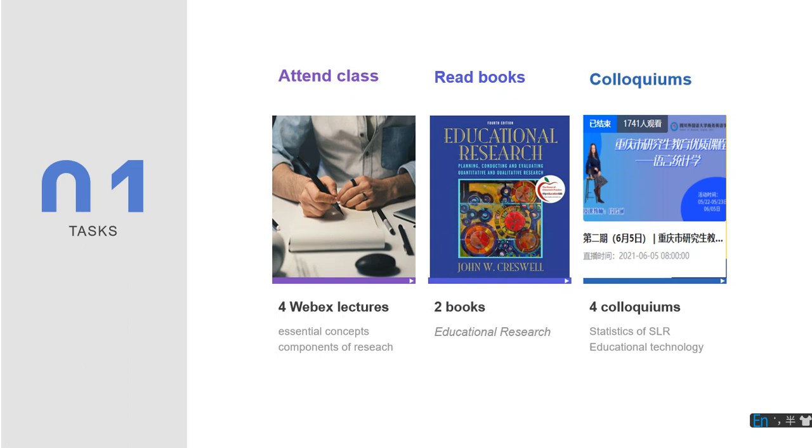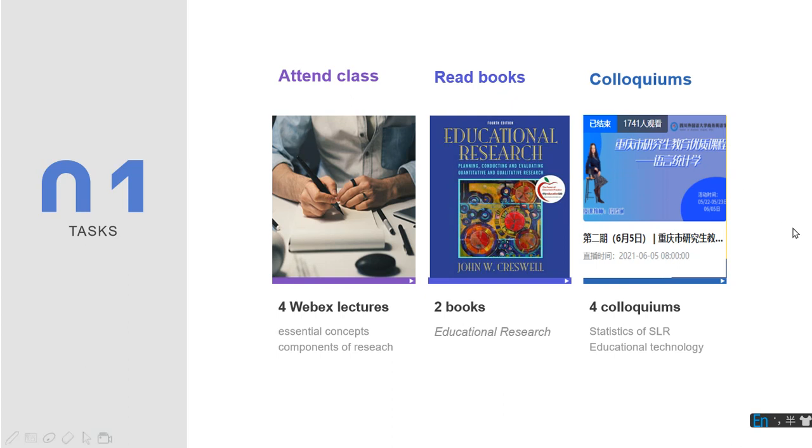Another book is Educational Research: Planning, Conducting, and Evaluating Quantitative and Qualitative Research by John W. Creswell. These 2 books are classical.